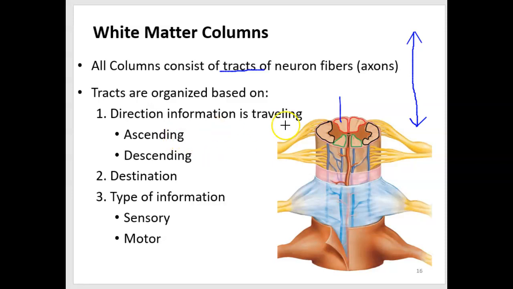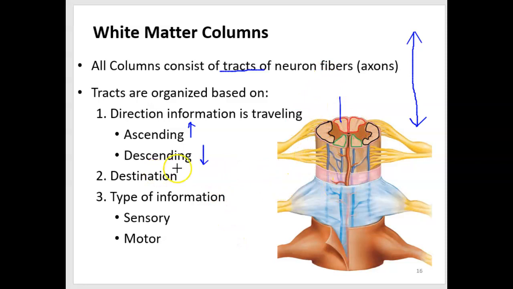And different tracts are organized based on what direction the neural impulse is traveling. So for example, a tract would carry all ascending information going superiorly, or a tract might carry all descending information originating from the brain, going down to the spinal cord, and eventually to a nerve.